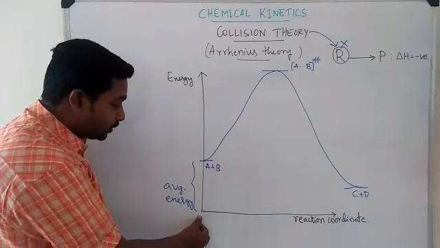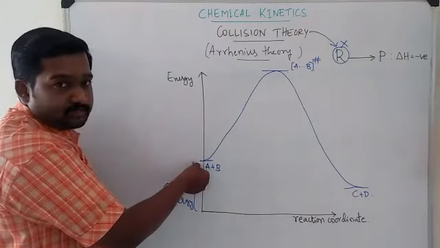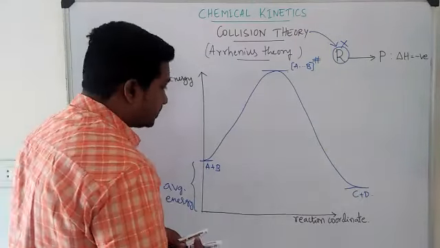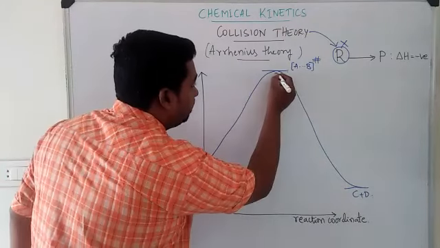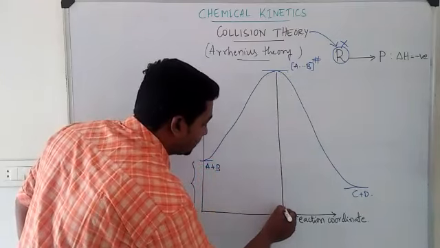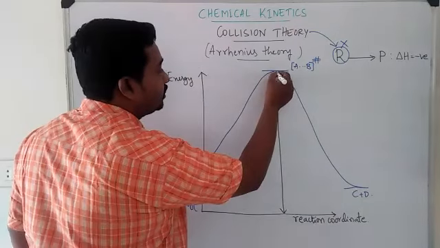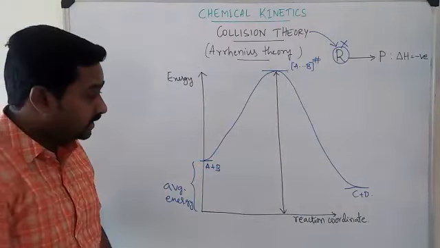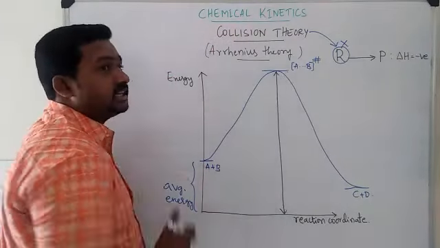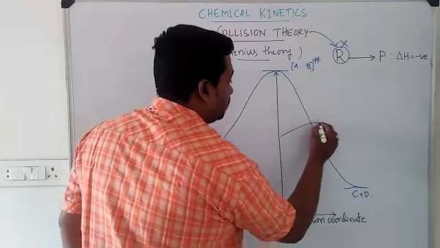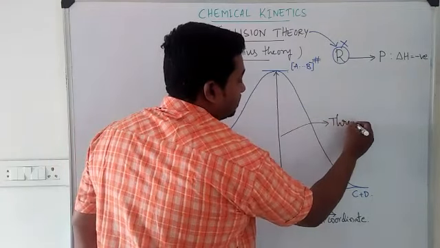They had already some energy. And there is an energy gap between the activated complex and the x-axis here, that is from 0 to the highest energy state. This energy gap from 0 to the activated state is called threshold energy.